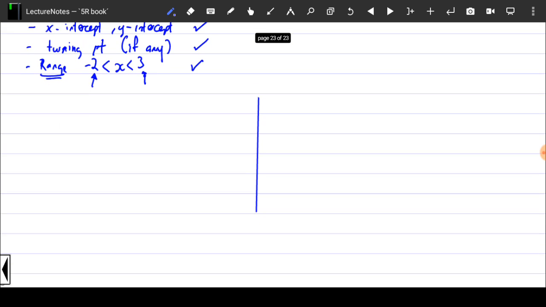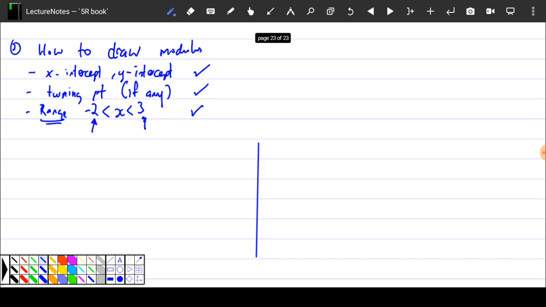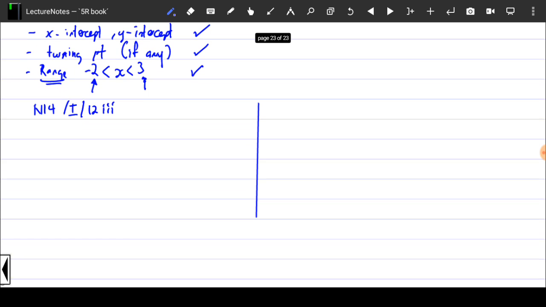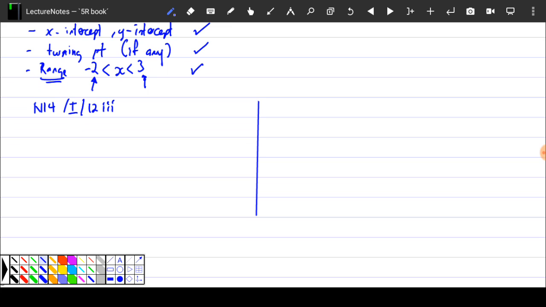Now maybe I will use a question from the 10 series, question 12 part 3. I want to sketch y equals modulus of 2x minus 3 squared minus 4. The first way and the second way are slightly different, so I explain the first way first.